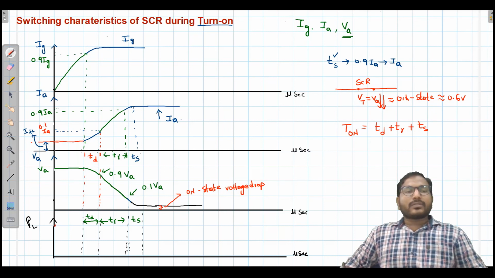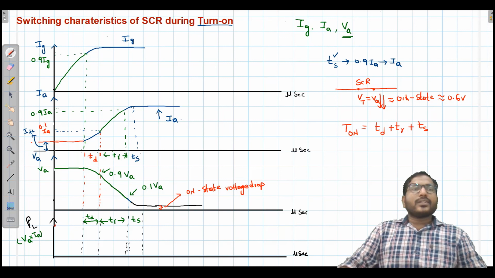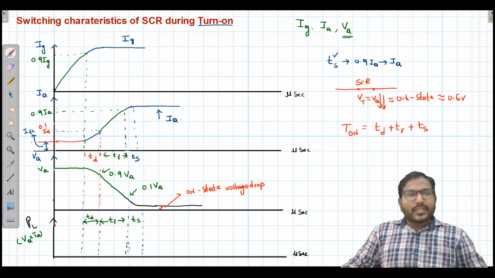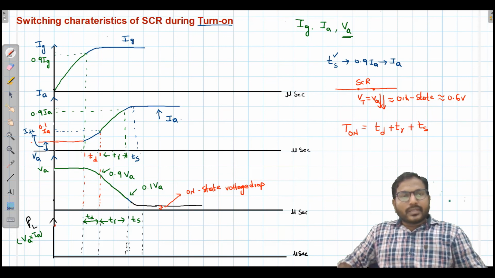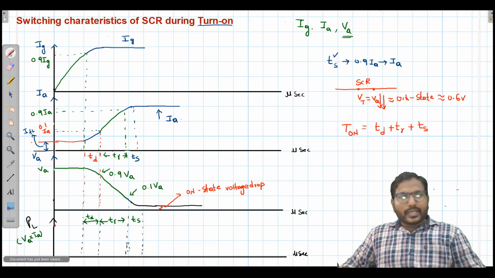So power loss PL is simply a multiplication of anode voltage into anode current. So coming to the graph here, during TD, IA is 0.1 times, it is less, but VA is more. But here the loss is less due to IA being very less. The loss is like this.